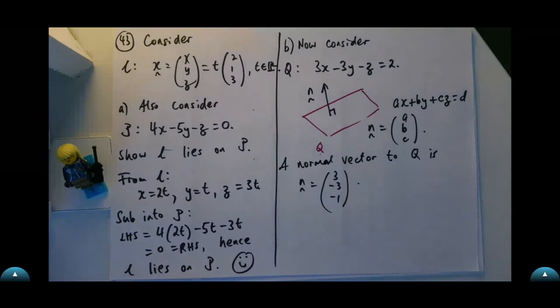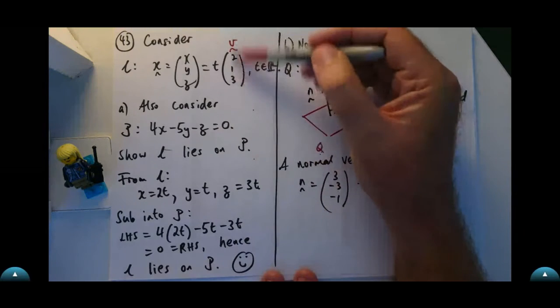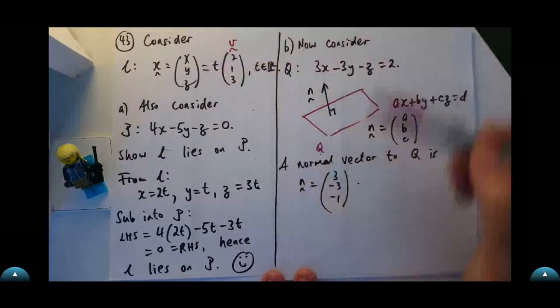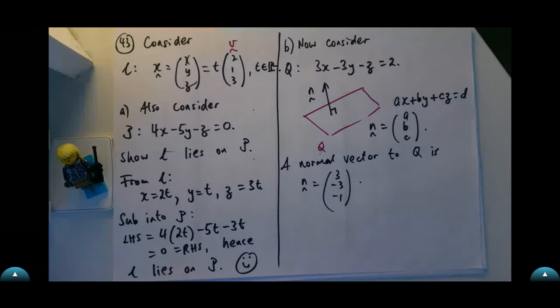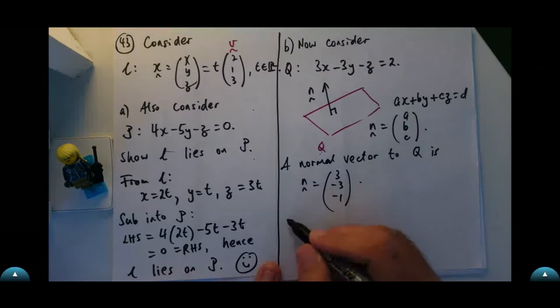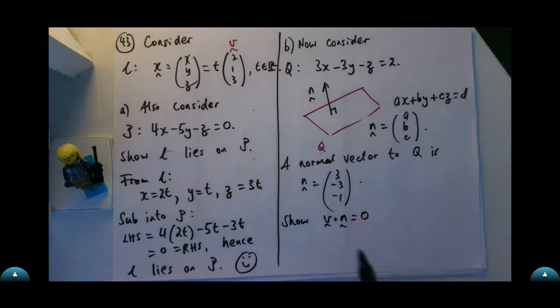So we know that this vector over here, that's the vector that's parallel to this line. That's a vector that's normal to this plane, right? What you can do is show that this dot product is 0.